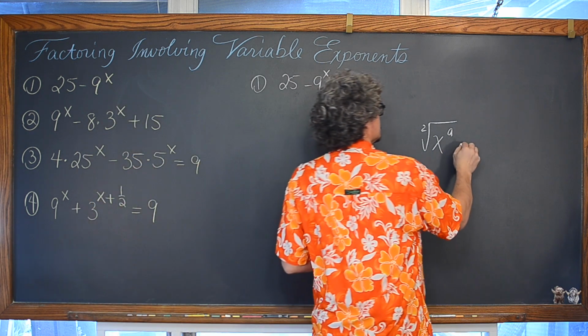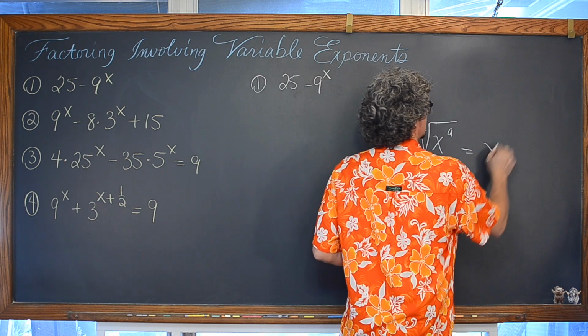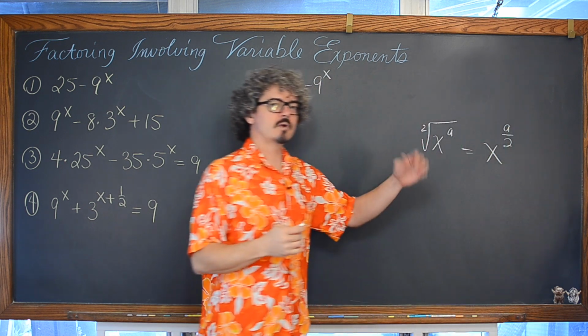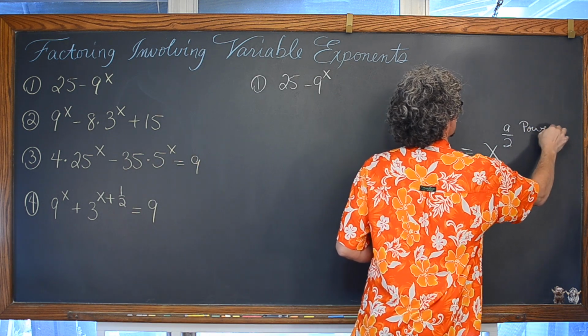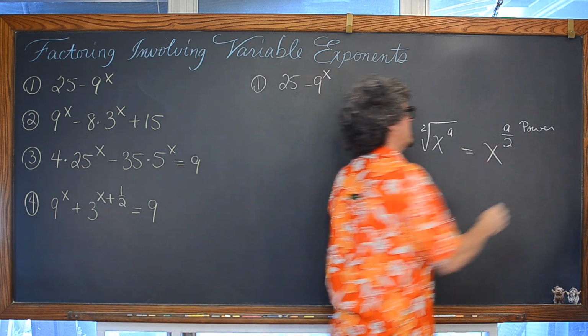Well, if we write this square root of x to the a power, that's going to be x to the a over 2. Remember, when you write rational or fractional exponents, we have the power that's being applied to that base in the numerator, and we have the index or the root, which is becoming the denominator.